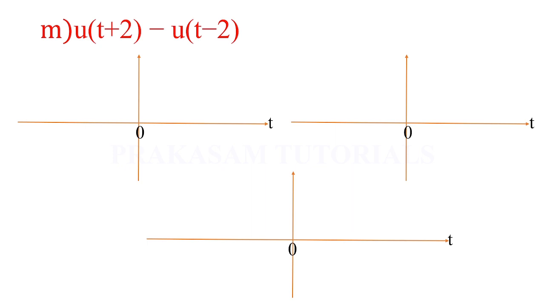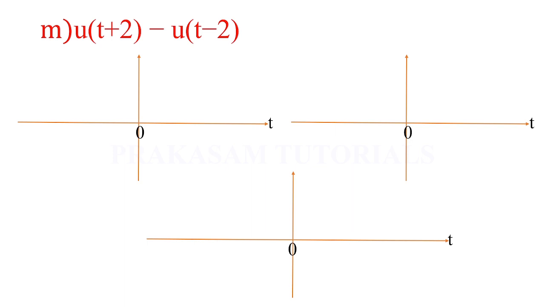The next one: draw the graphical representation of u of t plus 2 minus u of t minus 2. The graphical representations of u of t plus 2 and u of t minus 2 were already explained in this video. So what is u of t plus 2? u of t plus 2 means the signal u of t is shifted towards the left by 2.